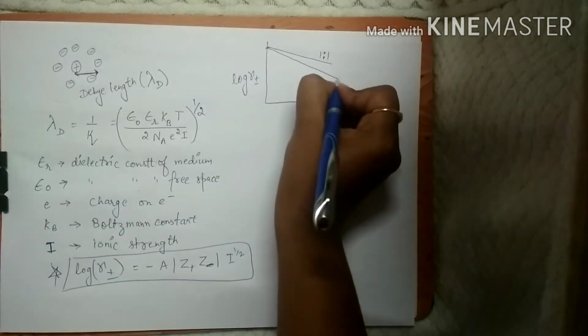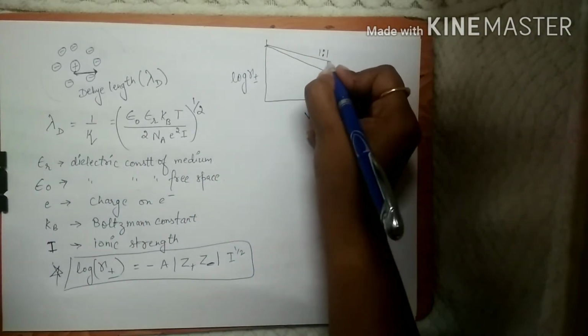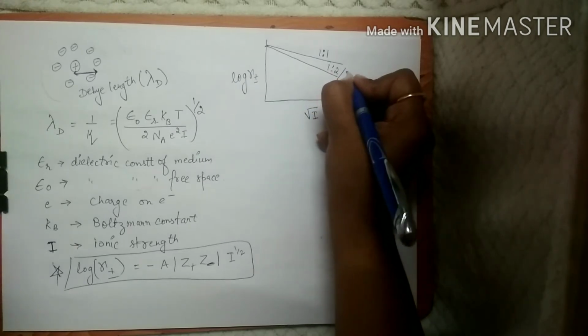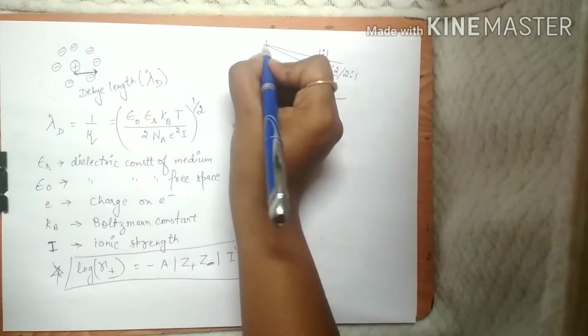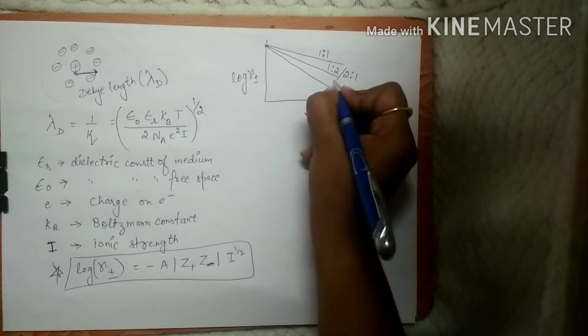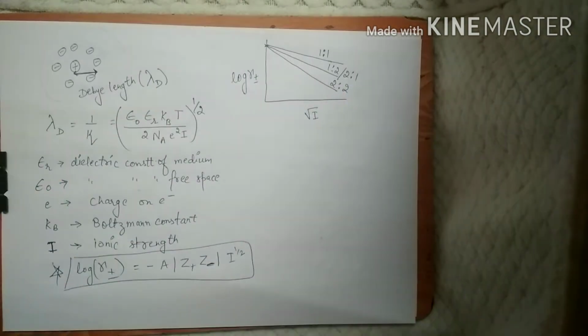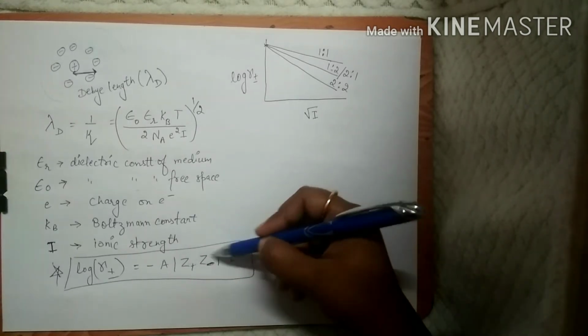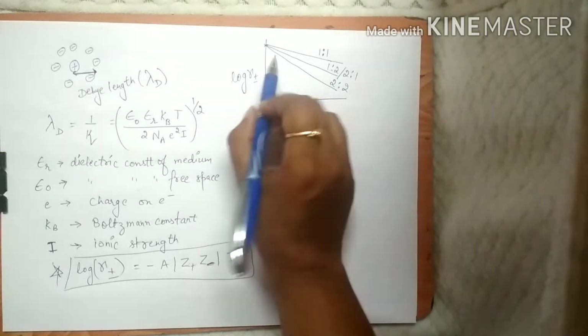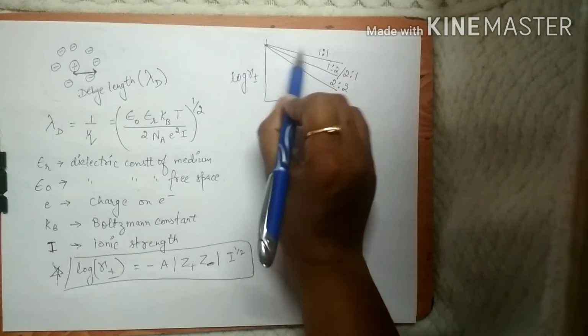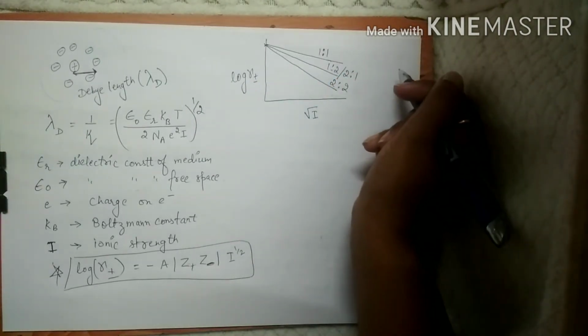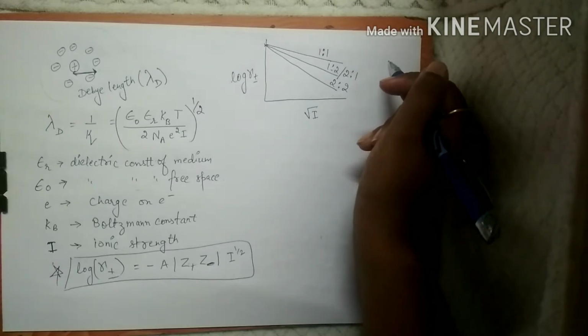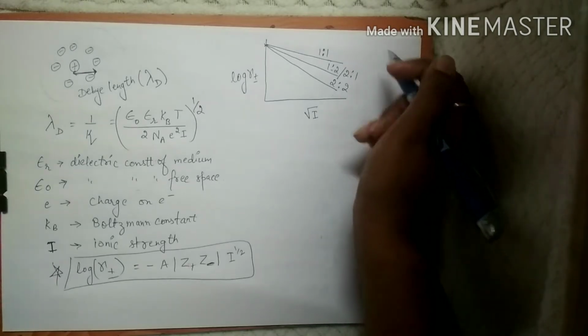For 1:2 or 2:1, the graph will be like this, and for 2:2, the graph will be like this. Why is it happening? Because of these z values. As we go on increasing the z values, the slope of the graph is declining. So this is all about your mean ionic activity coefficient.